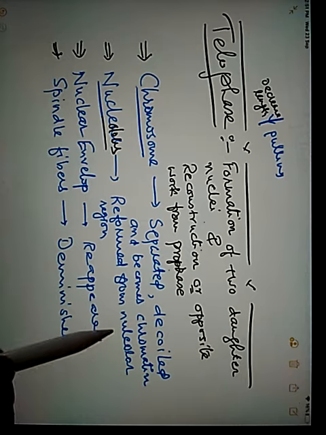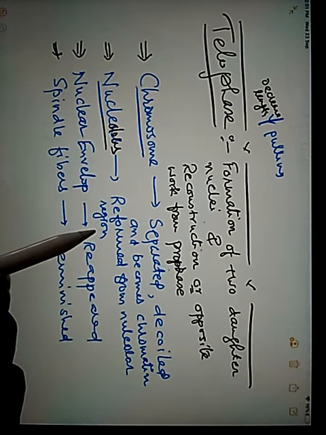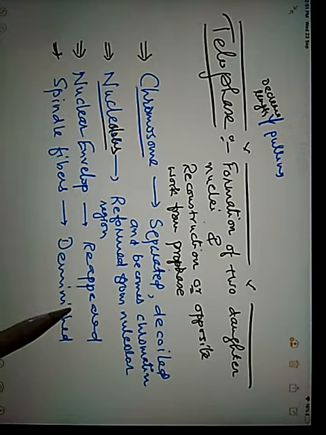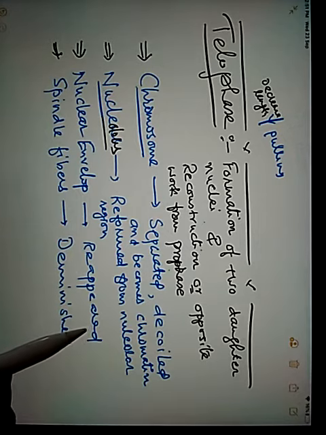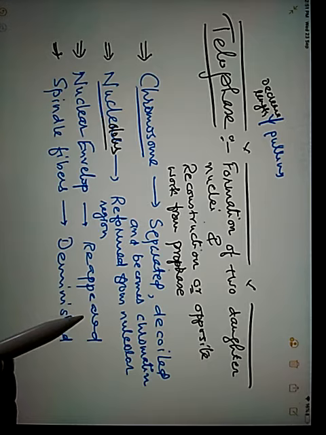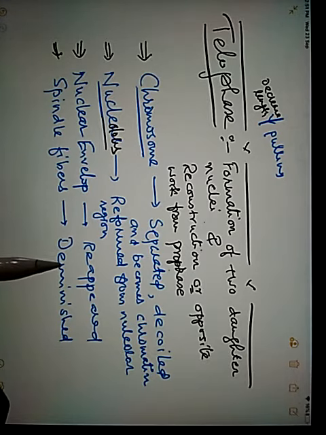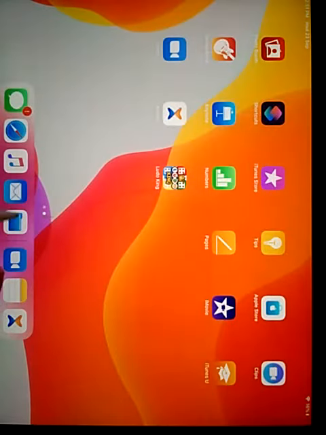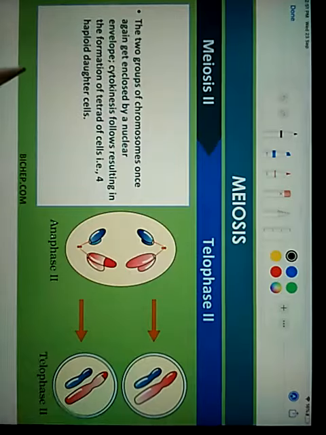The nucleolus is reformed in the nuclear region, the nuclear envelope which encloses the entire chromatin will reappear, and the spindle fibers will diminish and disappear, so there will be no spindle fiber later on. So these are the necessary changes we have observed during mitosis telophase.